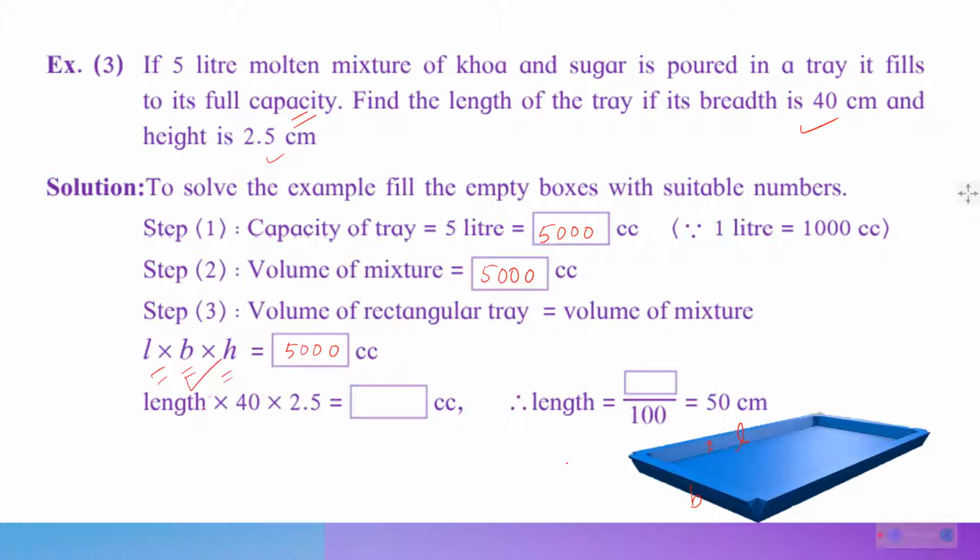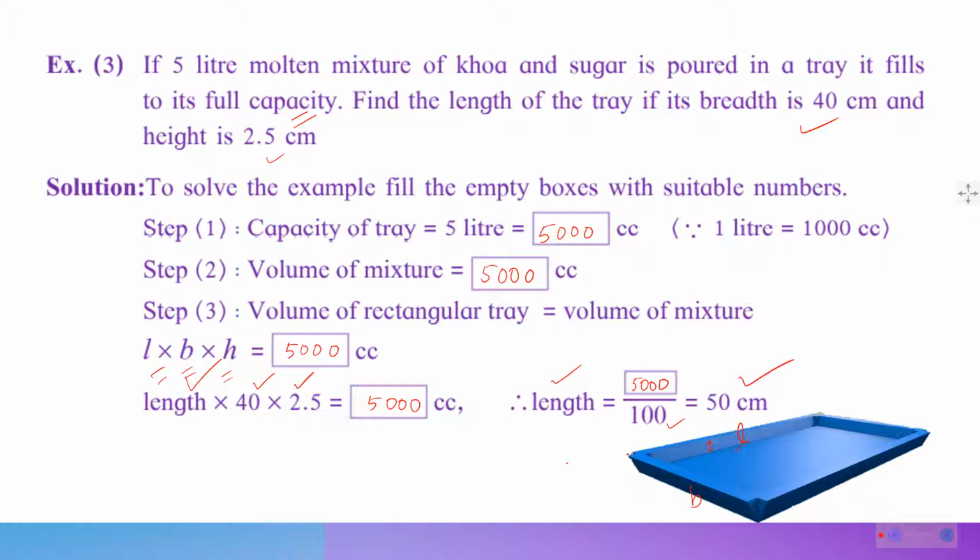So length we will write as the length, and we write 40 centimeter into 2.5 centimeter the height, which is equal to 5000. And length can be calculated by rearranging this, applying the ability of arithmetic, and we will write 5000 over here and divide it with 40 into 2.5, which is 100. 50 centimeter is the length of the tray.